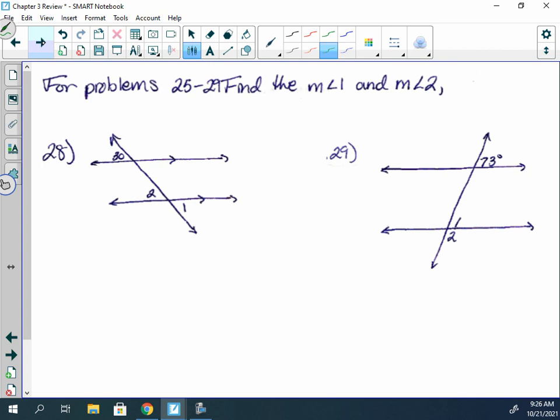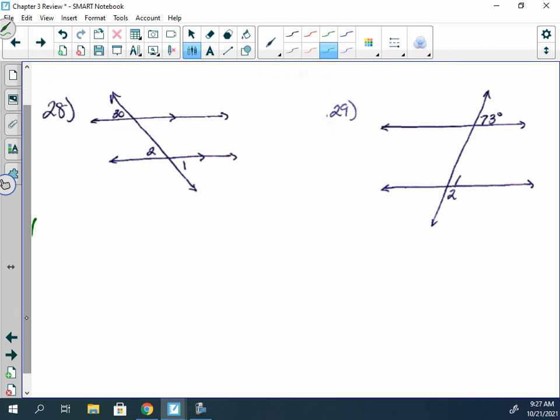We can look at 29. So, like I just said, let's go on and just do all the ones that are congruent for 73 degrees and see what they are. Well, the corresponding spot for 73, because it's to the right and above, on the other line to the right and above would be right here, yes?